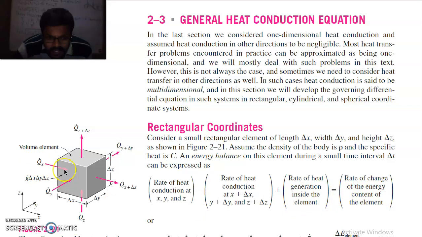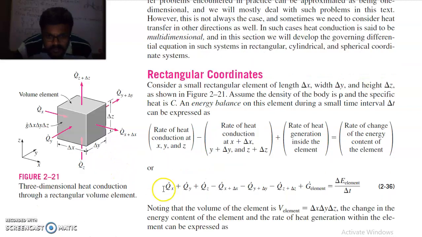Means whatever heat is into the system, that is Qx, Qy, Qz from this direction, and whatever goes out, that is Qx plus del x, Qy plus del y, Qz plus del z. So this is your heat transfer in x, y and z, and this is heat going out from x plus del x, and respectively this is your heat generation, this is your rate of change of energy content of the element.